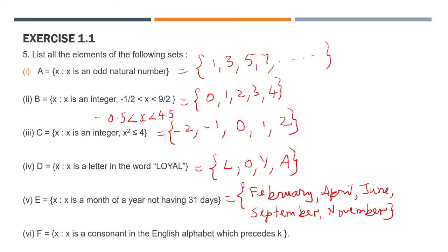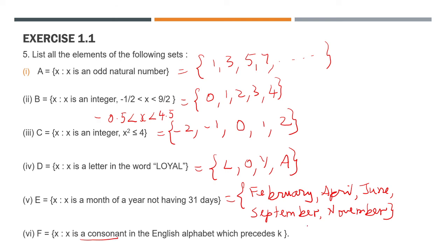Next one is F is equal to the set of all x such that x is a consonant in the English alphabet which precedes K. So, we know the alphabets which precede K are A, B, C, D, E, F, G, H, I, J, but the condition given is that x is a consonant.